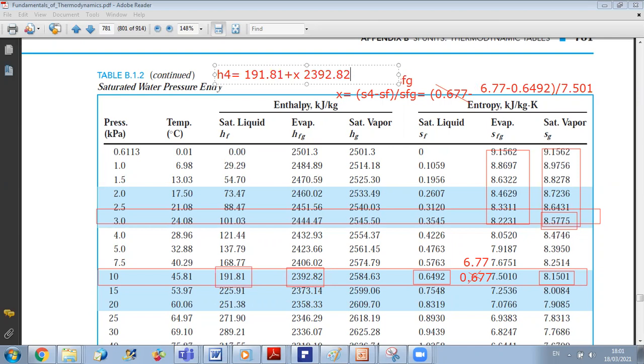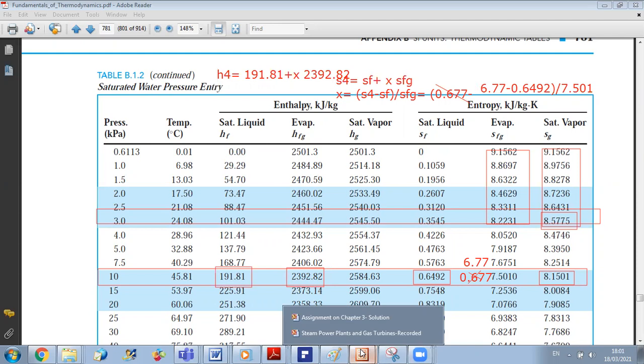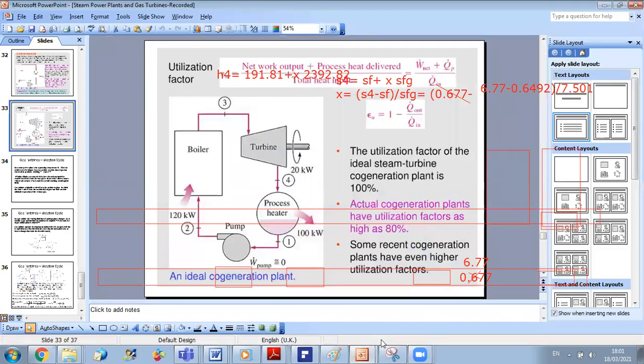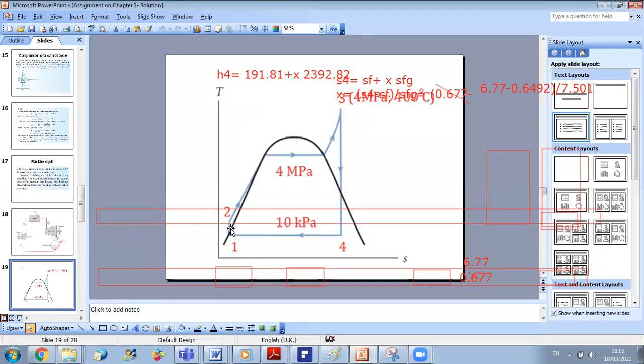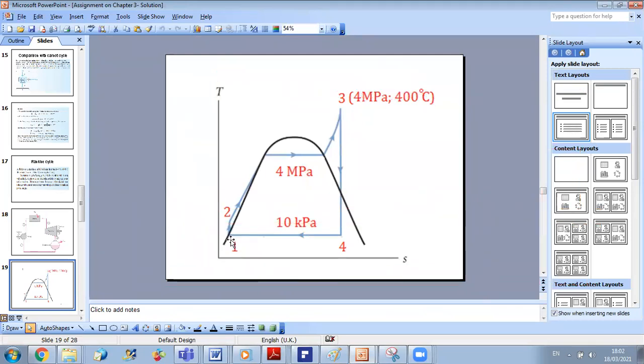Okay, now the next step is to compute H1. As we said, point 1 is characterized by the saturated liquid state.